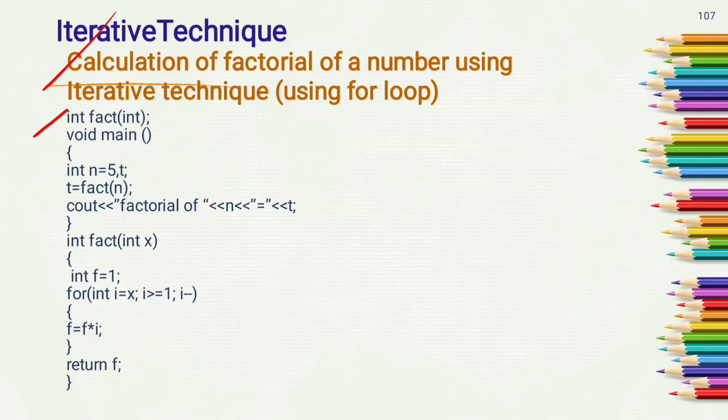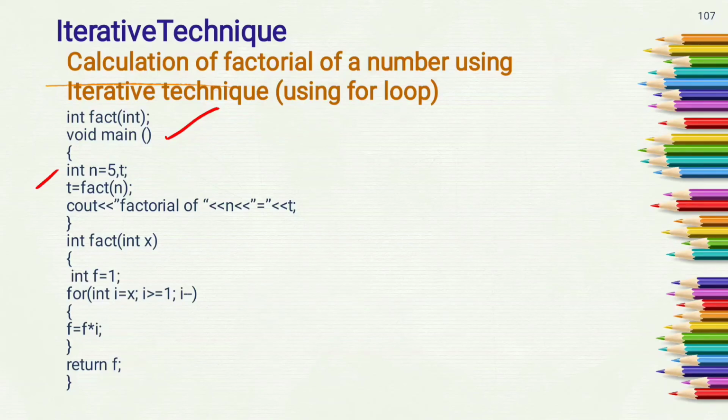Here I am using a function fact which is used to calculate the factorial of a given number. Here int is the input parameter required by this factorial function, and this int specifies that the factorial function returns an integer value. Now in void main I have written that the number is n.